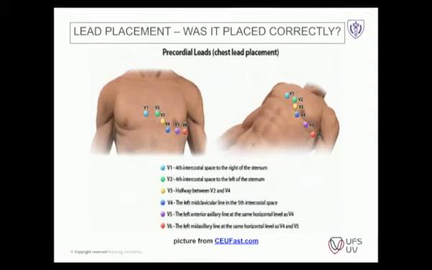Lead 4 in your midclavicular line in the fifth intercostal space. 3 in between 2 and 4, and then 5 and 6 on the same level as V4 in the anterior axillary and mid axillary line respectively.